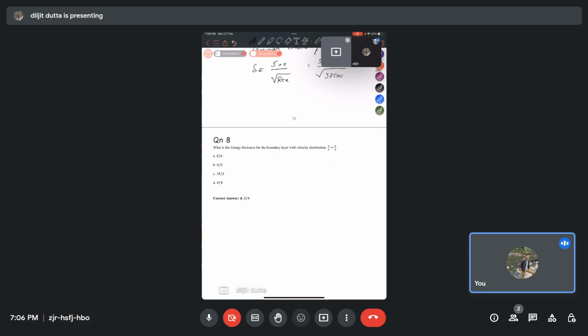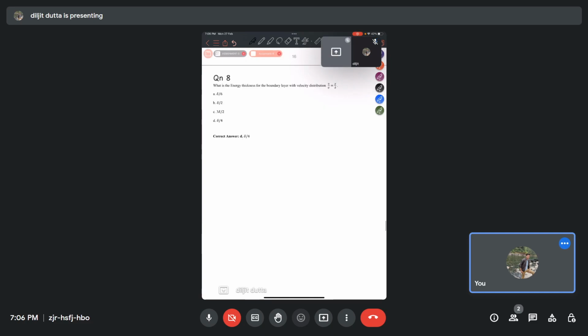Okay, now again one question on energy thickness. The energy thickness of the boundary layer by distribution U by U equal to y by delta. So the energy thickness is again given as the integral of U by U times (1 minus U square by U square) into dy.